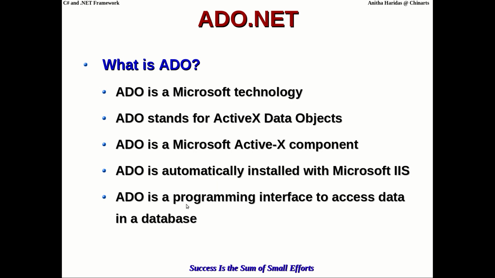The reason I insist it is an application programming interface is that you can't use ADO as a standalone component. It acts as an interface between an application and a database server.